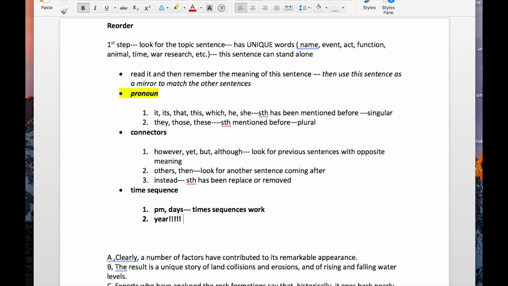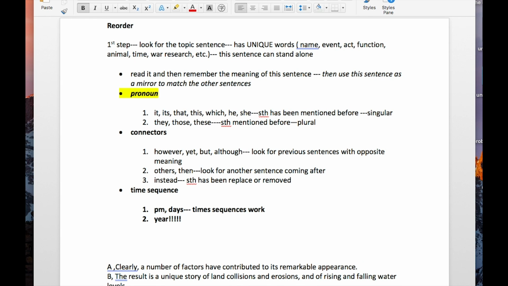So why do we need to be careful? First of all, if your first sentence started from a smaller time, then time sequence works.